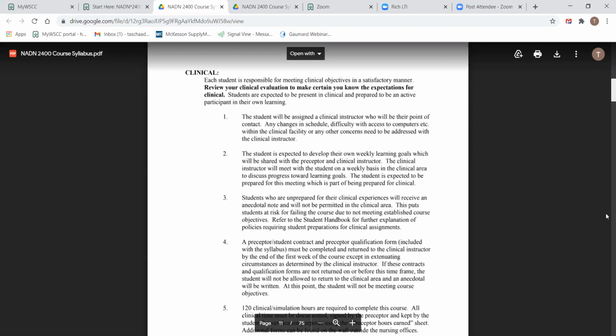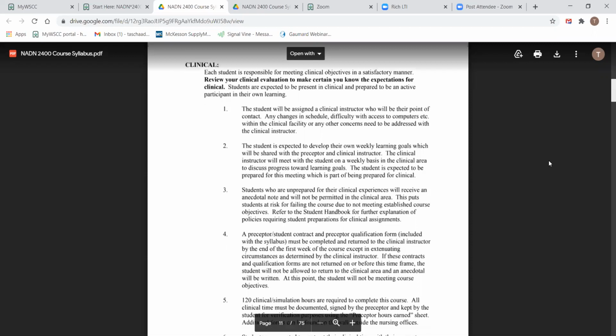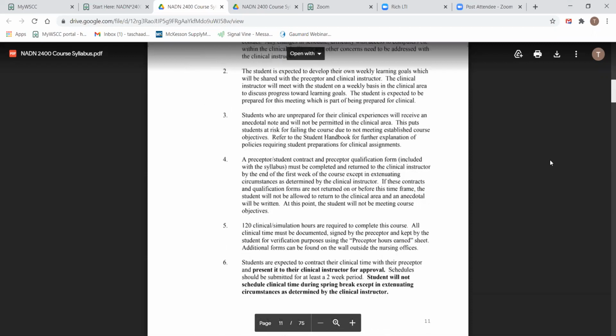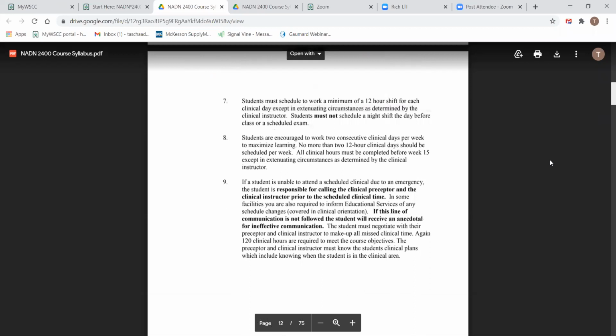If a student is unable to attend a scheduled clinical due to an emergency, the student is responsible for calling the clinical preceptor and the clinical instructor prior to the scheduled time. This is extremely important. It's in bold for a reason.